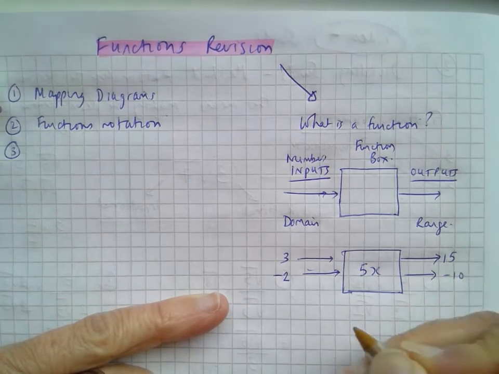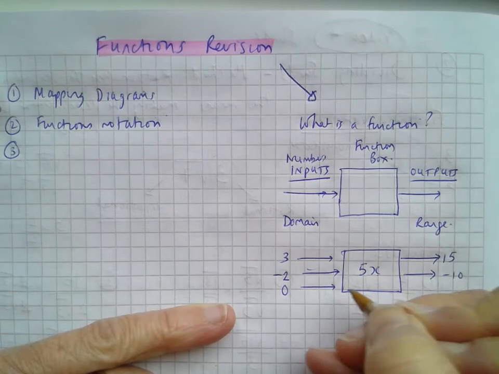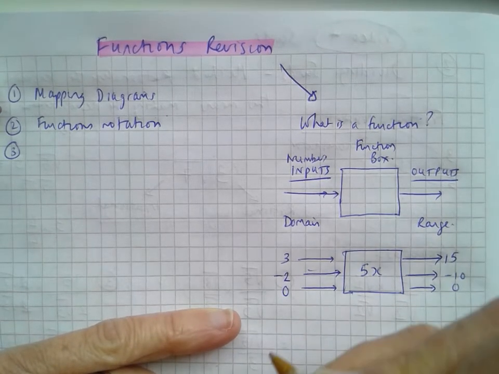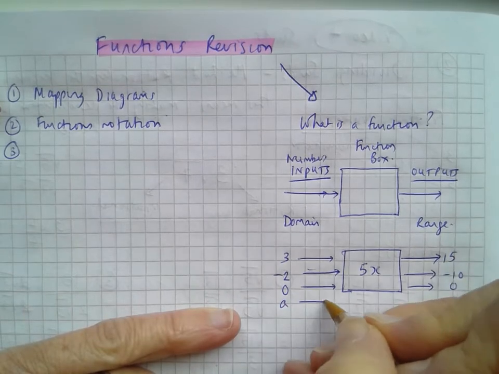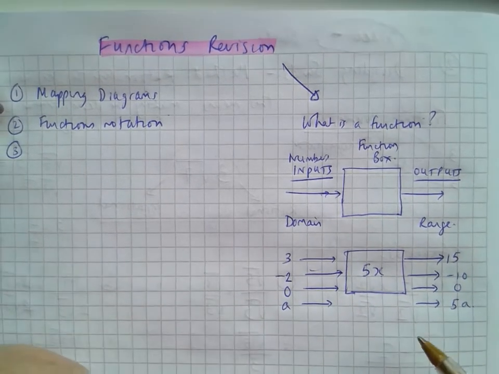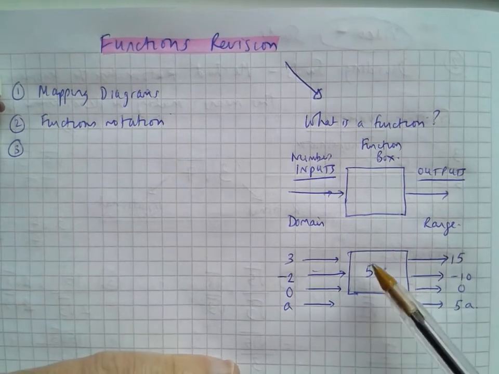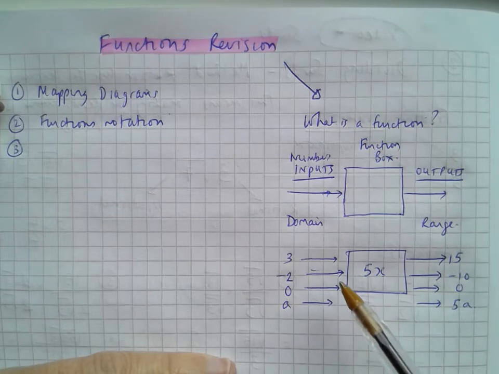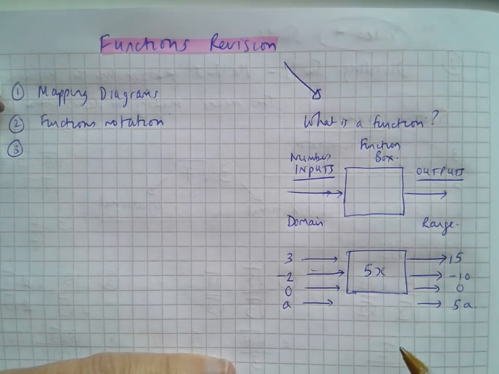Say we put 0 in, 5 times 0 is 0. And one more, say we put a into the function box, we'd get 5 times a, which is 5a. So a function is like a box that we put numbers, letters or expressions into, and we get another number, letter or expression out.